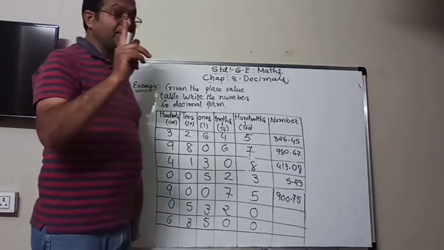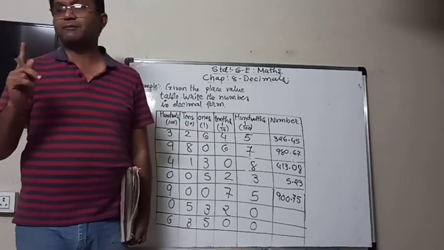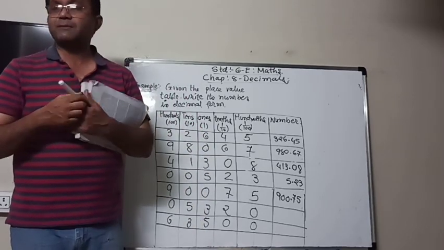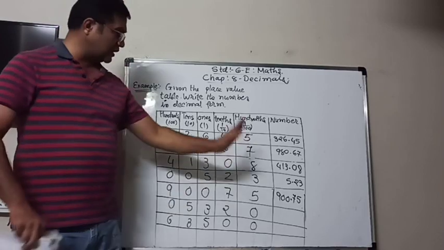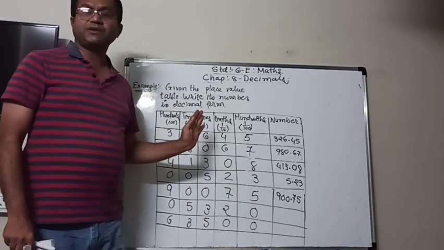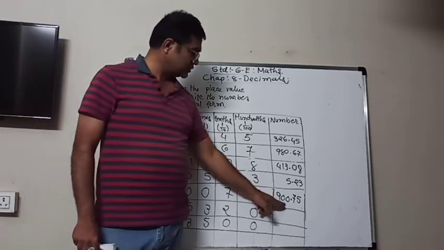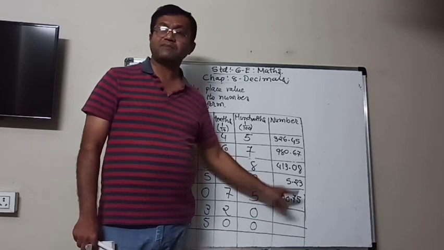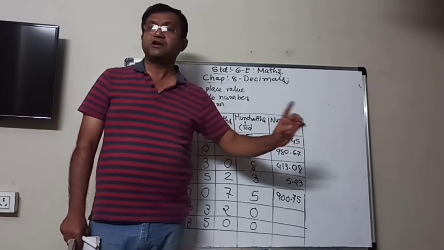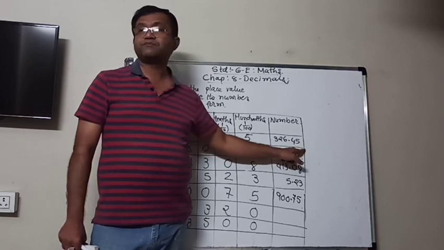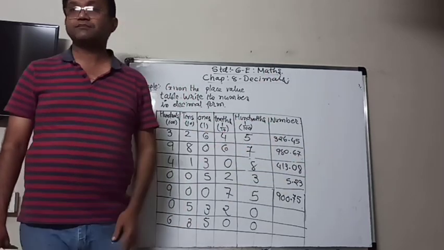Remember, when you read this number, the digits on the left side you read in the normal way. But after the decimal point, you can't read it as separate digits; you read 45 as forty-five.